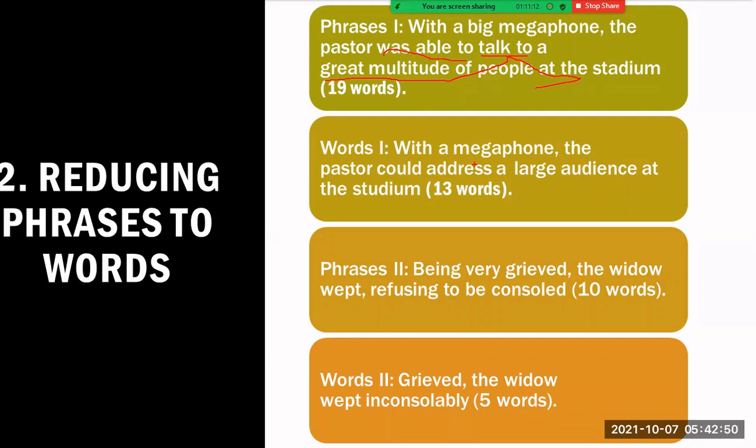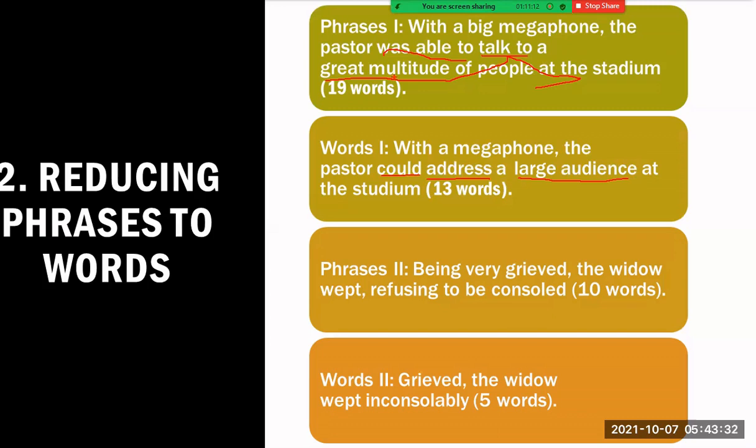So let's look at how we do this. With a megaphone, we retain this. The pastor could, you see, we change "was able to" to "could." We change "talk to" to "address." Then we change "a great multitude of people" to "a large audience." We can even remove "large" and be left with "audience," because the idea of multitude and the idea of great here all suggest a large audience. So we use it because this looks like a tautology, "great multitude."